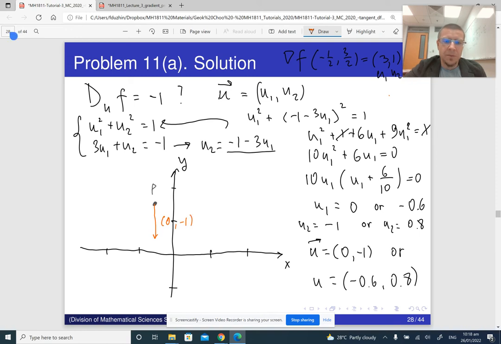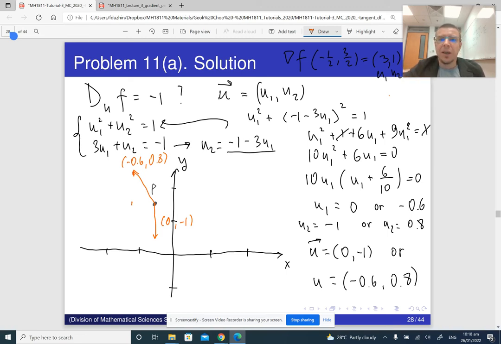At the point P, this is (0, -1). The second vector is going to be (-0.6, 0.8). So -0.6 is somewhere here, 0.8 is somewhere here. So it's probably something like this. So these are the two possible vectors u.